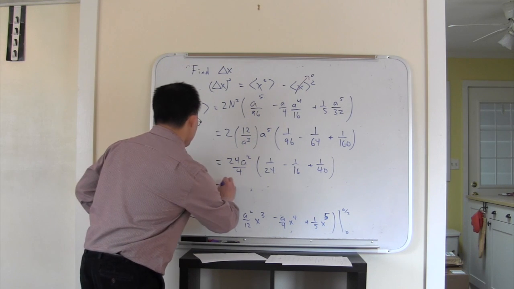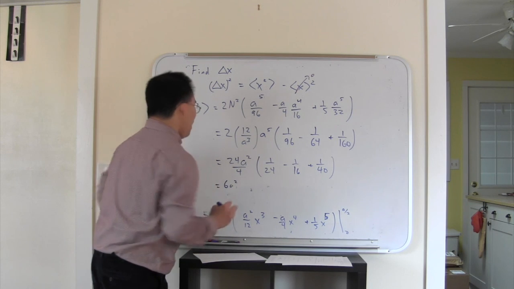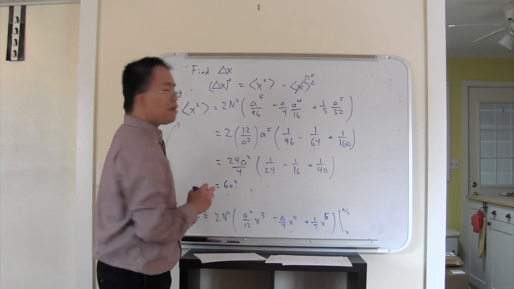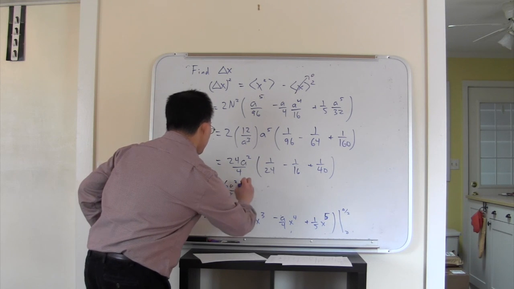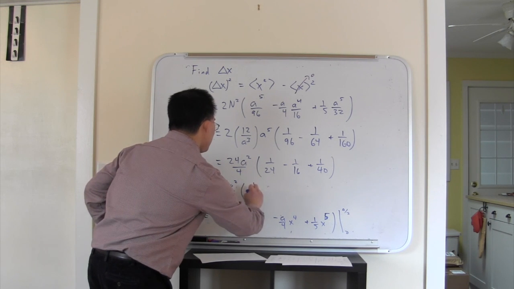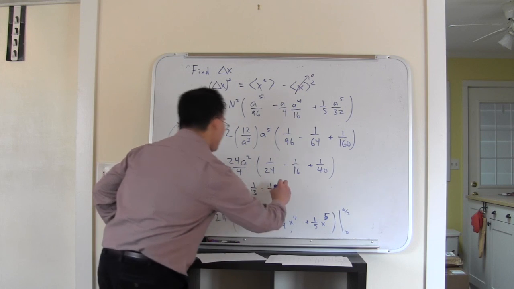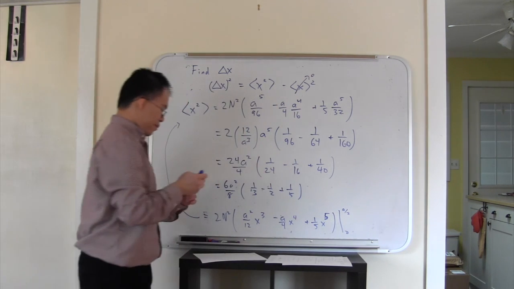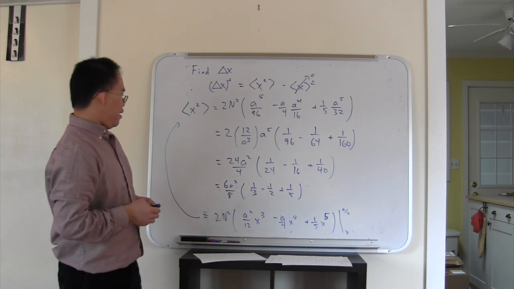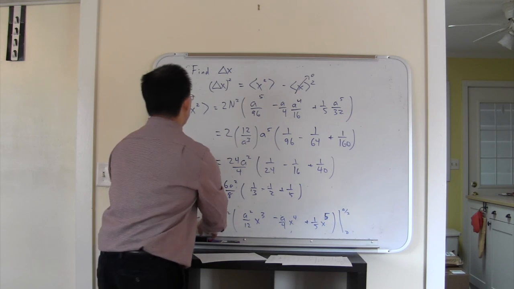I have 6a squared, and then there's a common factor of 8 in all these denominators, so I'll pull that out. And that gives me 1/3 minus 1/2 plus 1/5. All right, so we're almost done.